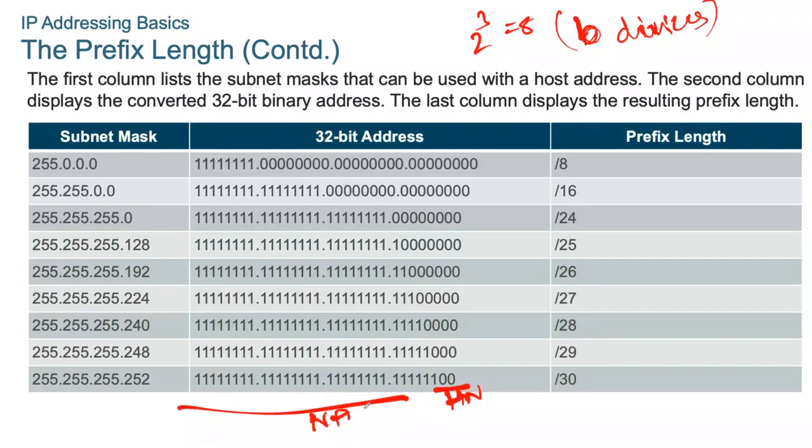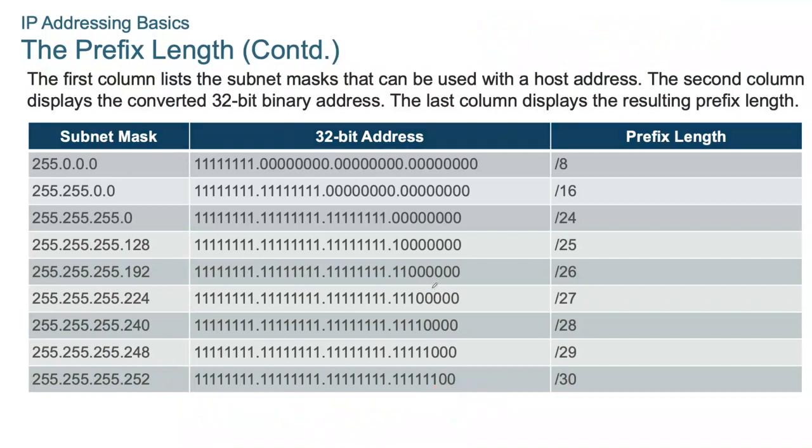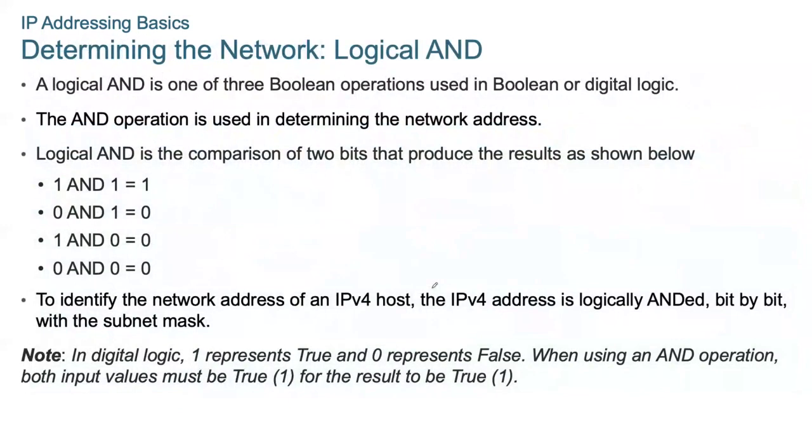So that will speed up the process of your packet transmission from source to the destination. What the logical ANDing in subnet masking means is, by doing 1 and 1, it is simply like your multiplication operation. 1 multiplied by 1 is 1, 1 multiplied by 0 is 0, 0 multiplied by 1 is 0, and 0 multiplied by 0 is 0.